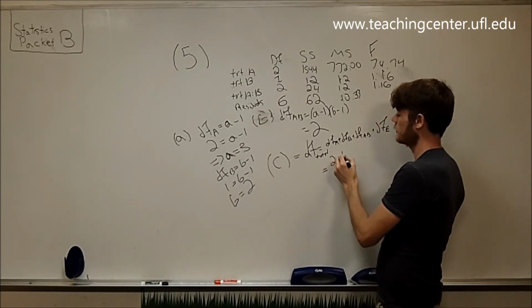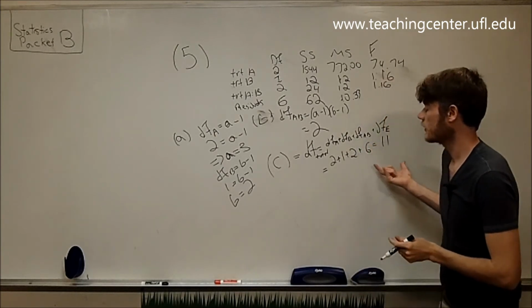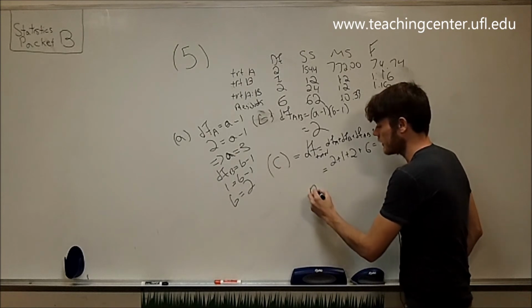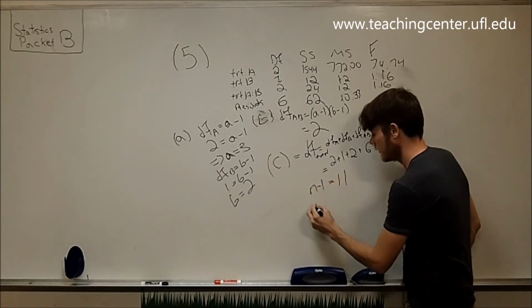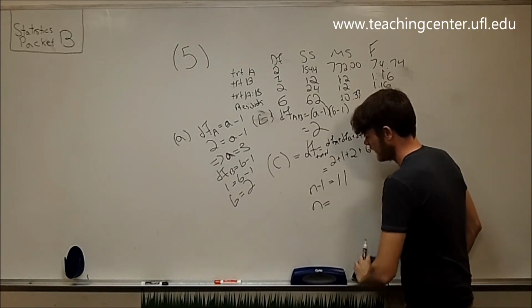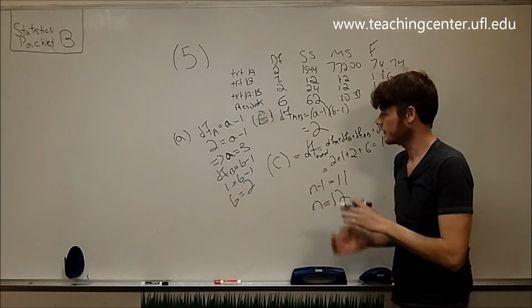That equals 2 plus 1 plus 2 plus 6 equals 11. So DF total is 11. Remember, DF total equals N minus 1, just like always. We get N equals 12, not 11. So we have 12 things in our sample.